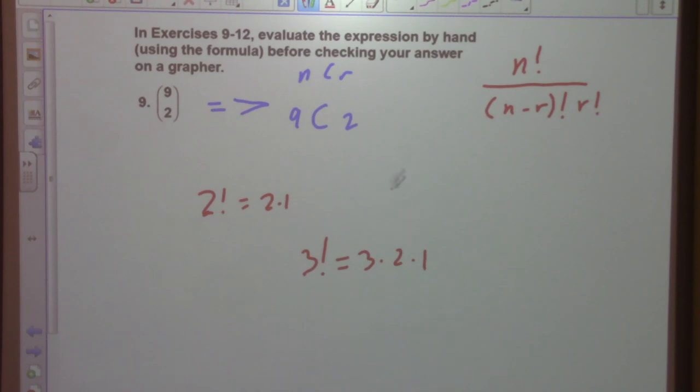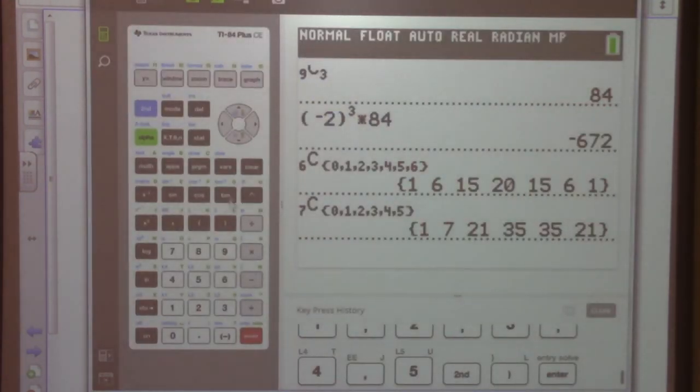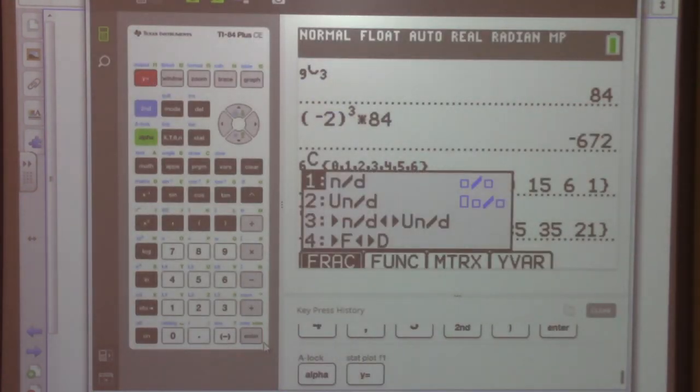Well, that's what I'm going to show you here. That's a good question. So in the calculator, for this problem you would write this as 9 factorial over 9 minus 2 factorial times 2 factorial. In your calculator, this is where you find it. I'm going to get my fraction like this.